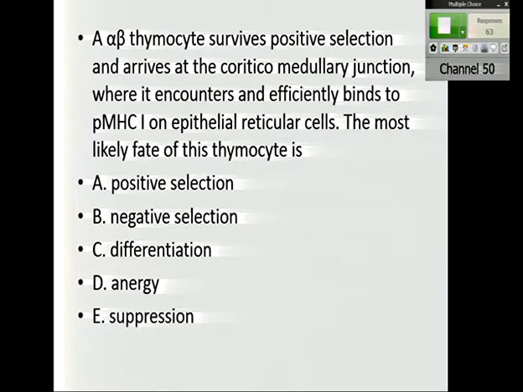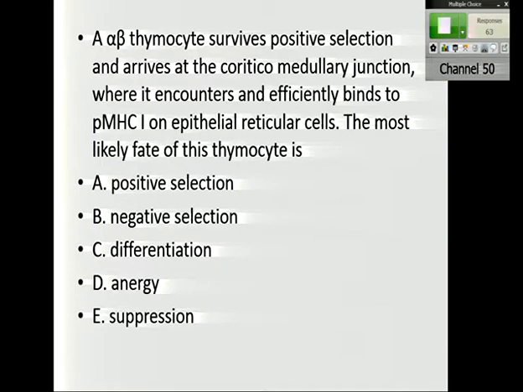So one of the points that you should try and understand is the MHC is always displaying our own peptide antigens, and there should be no T or B cells which recognize our own antigen strongly. They should go, because if they stay, it can lead to autoimmune disease. That's the purpose of negative selection.